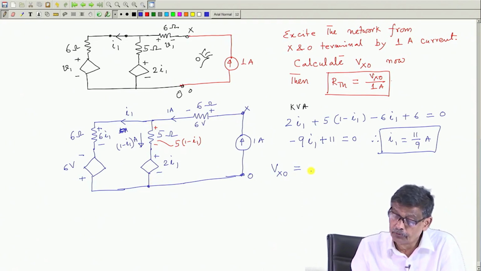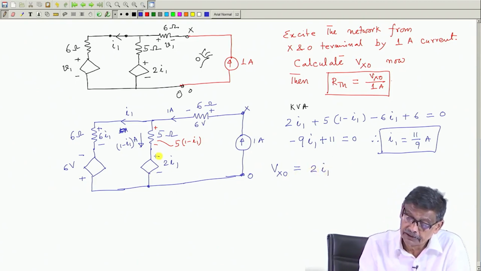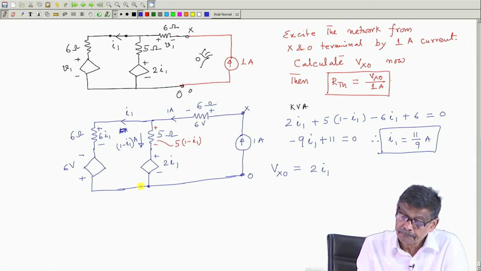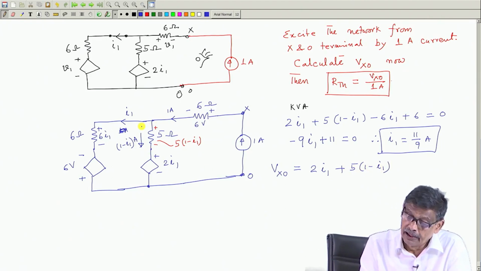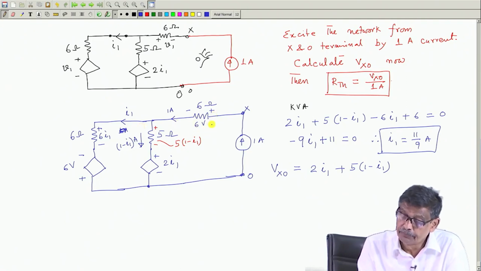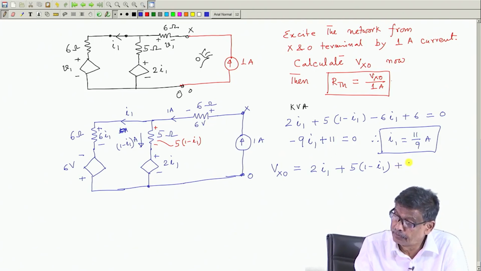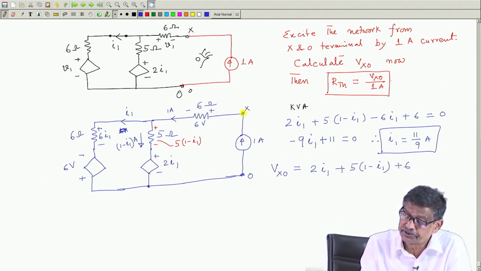So, Vxo will be 2 I1 minus 2 plus, then plus this voltage plus 5 into 1 minus I1, and from this to this it is a voltage rise of plus 6 volt, and you have reached point x.